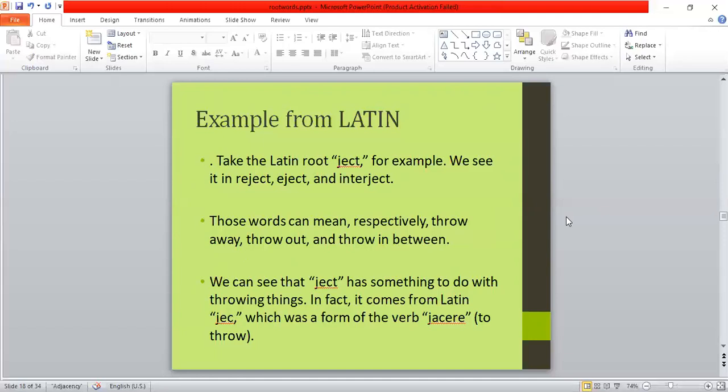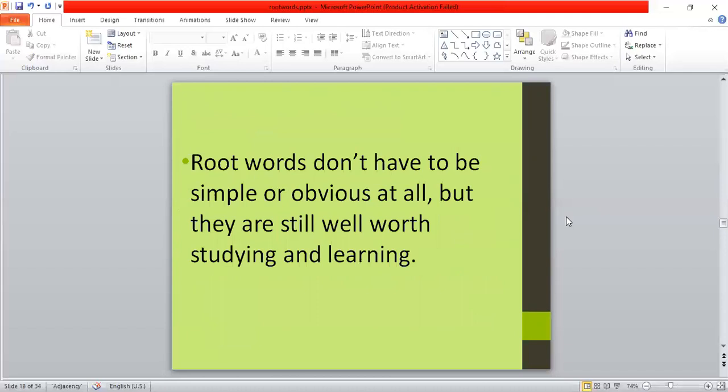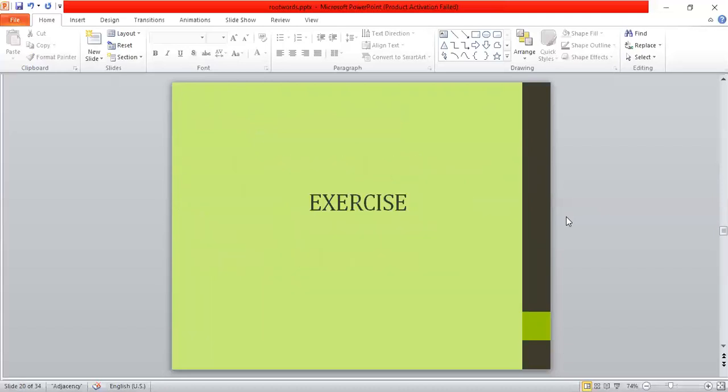In fact, it comes from Latin ject, which was a form of the verb jacere. It means to throw. Root words don't have to be simple or obvious at all, but they are still well worth studying and learning. Now come to the exercise.